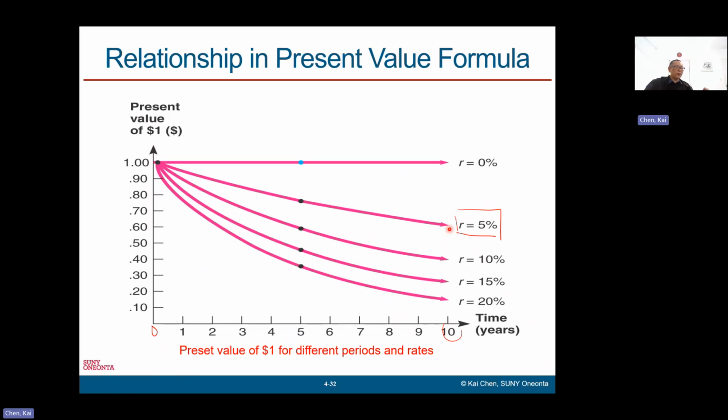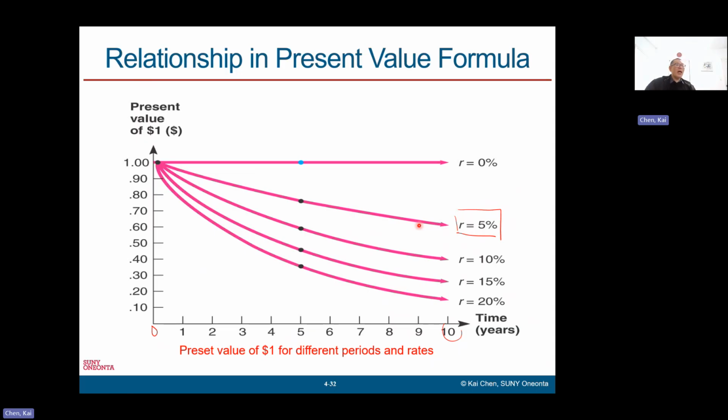Now first of all, let's look at property one. Given an interest rate, we can see the present value of $1 you expect to receive in the future would become smaller and smaller as your holding period becomes longer and longer, right? That is property one.